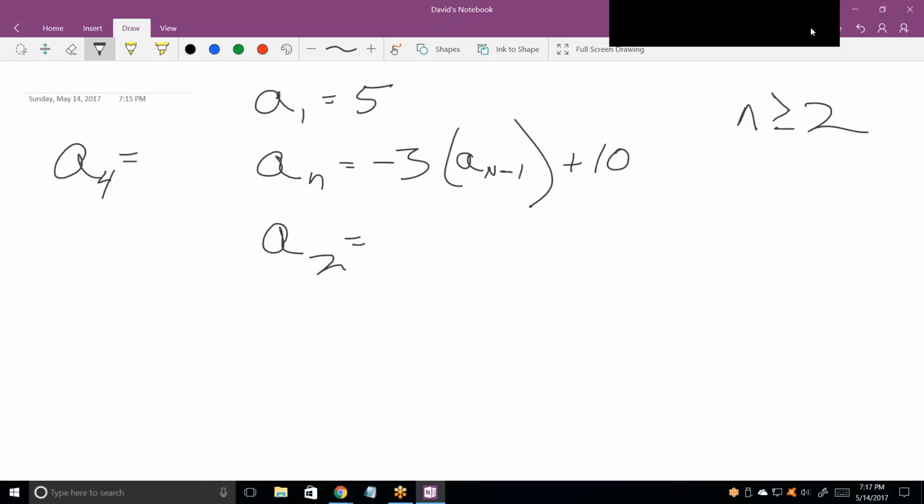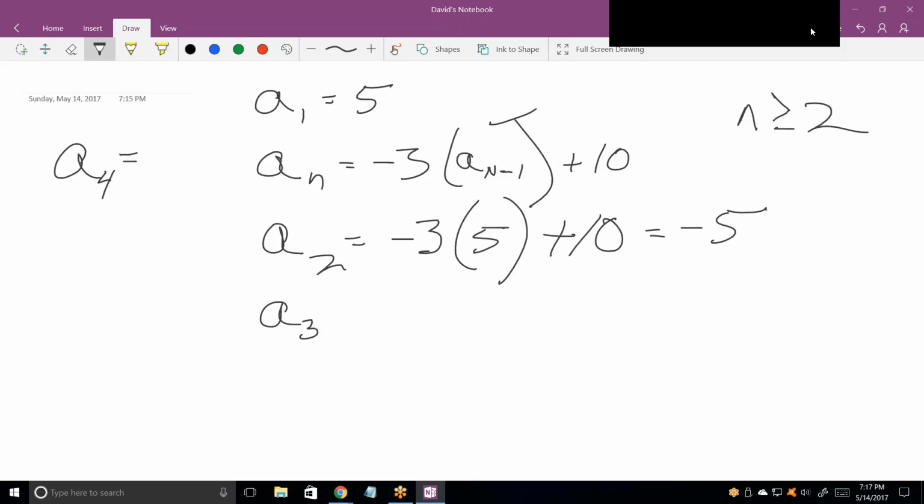Do you just have to plug in 2 for n? Yes. Now, notice that when n equals 2, this term becomes a sub 1, which is 5. So we know that a sub 2 is minus 5. Now we can figure out a sub 3, because each nth term is a function of the previous term.